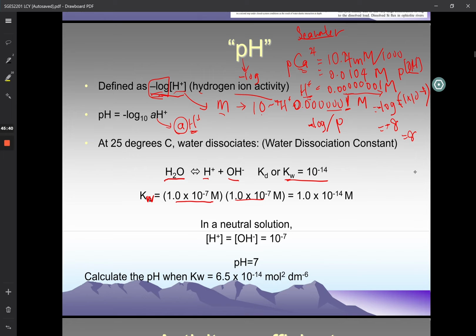So you can rewrite it as H and OH divided by H2O, but because this is a liquid, it will not be involved in the expression.